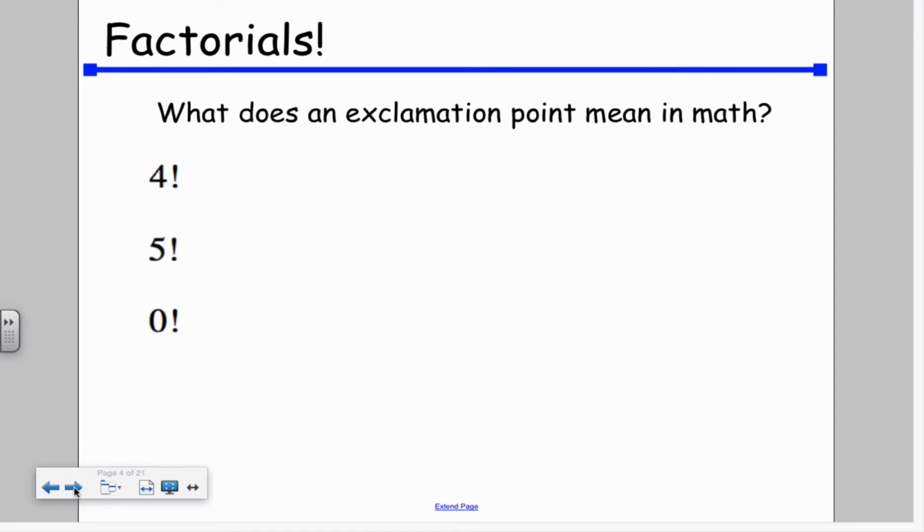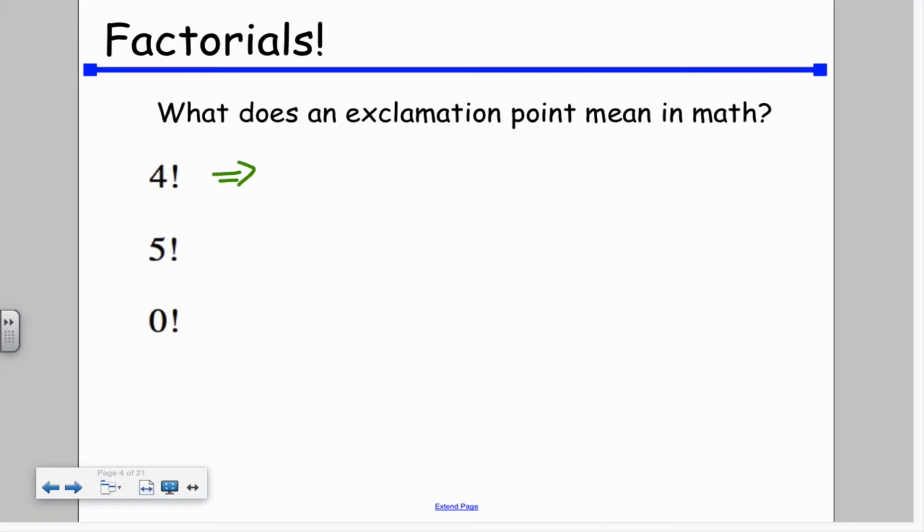We're now going to talk about something called factorials. So in math, if we write an exclamation point after a number, like 4 factorial, that doesn't mean that we're just really excited, right? What it really means is this.